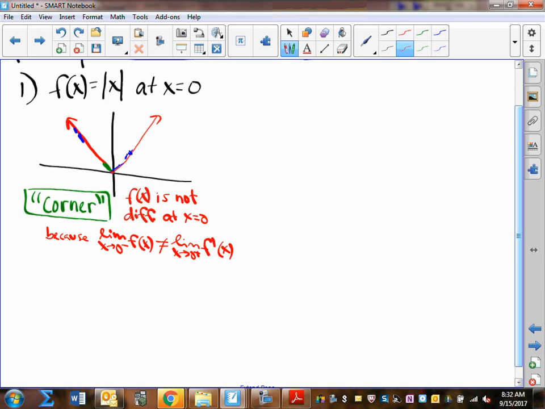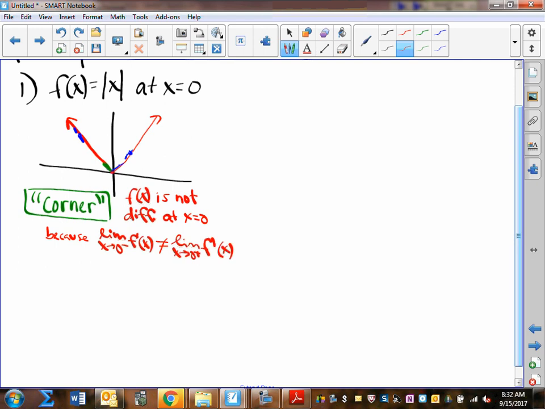Let's say f prime of x. Okay. So that slope, that derivative on the left-hand side, my slope of that tangent line on the left is -1. That slope of that tangent line, that derivative on the right-hand side is 1. They're not the same, so it's not differentiable at 0. Right, so that one's corner.